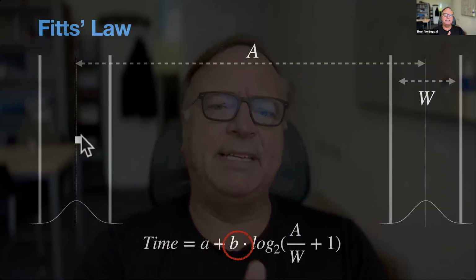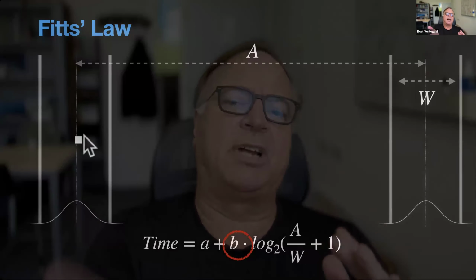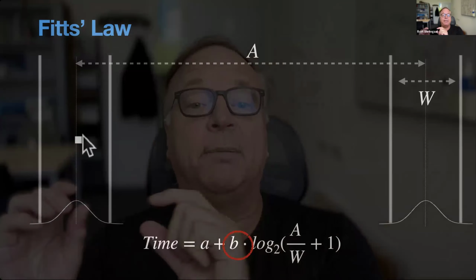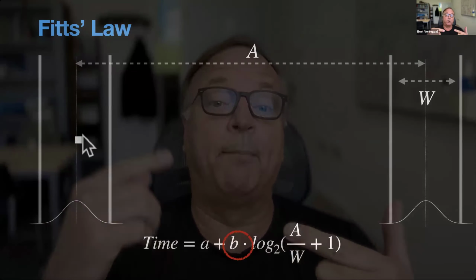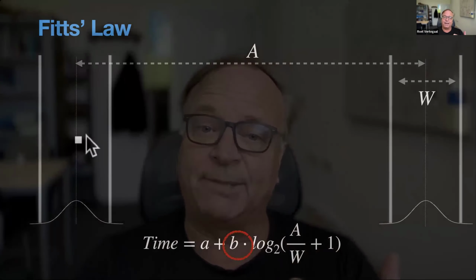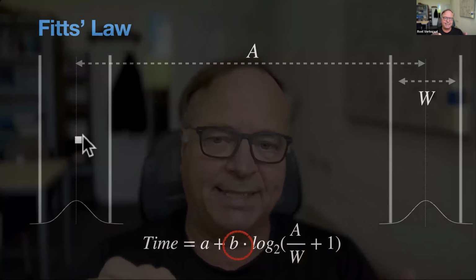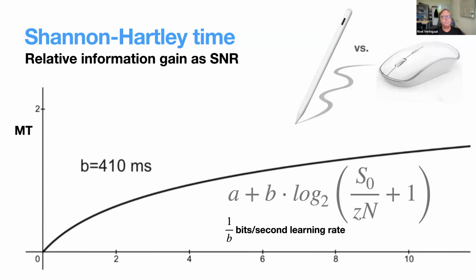The B is basically the slope of this logarithm, and it tells you how much time impact there is for every bit. So it's the time per bit. And if we reverse it and take the reciprocal, we get bits per second. And guess what? We're going to use that as our learning rate in the gradient descent down our surprise potential. But one second.